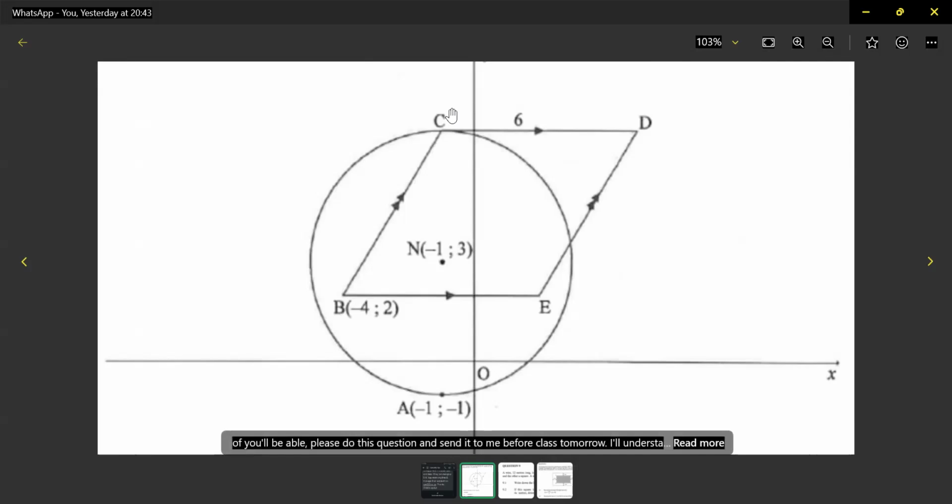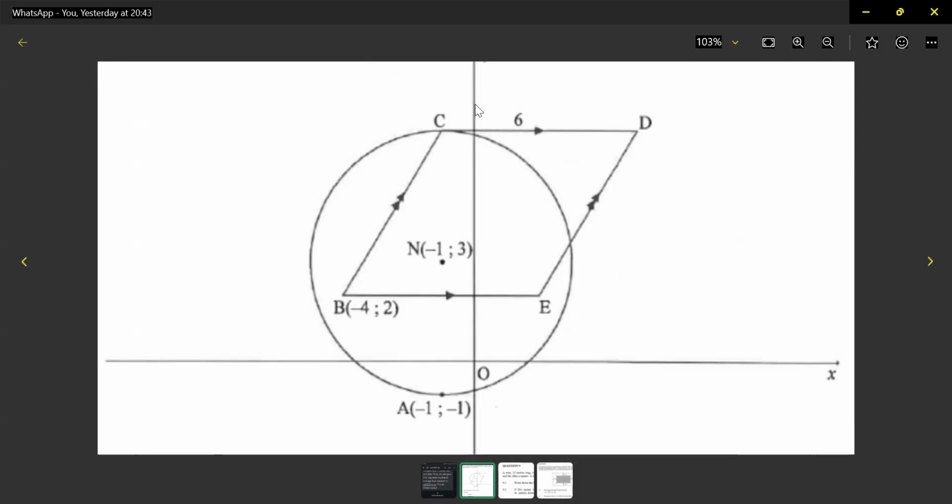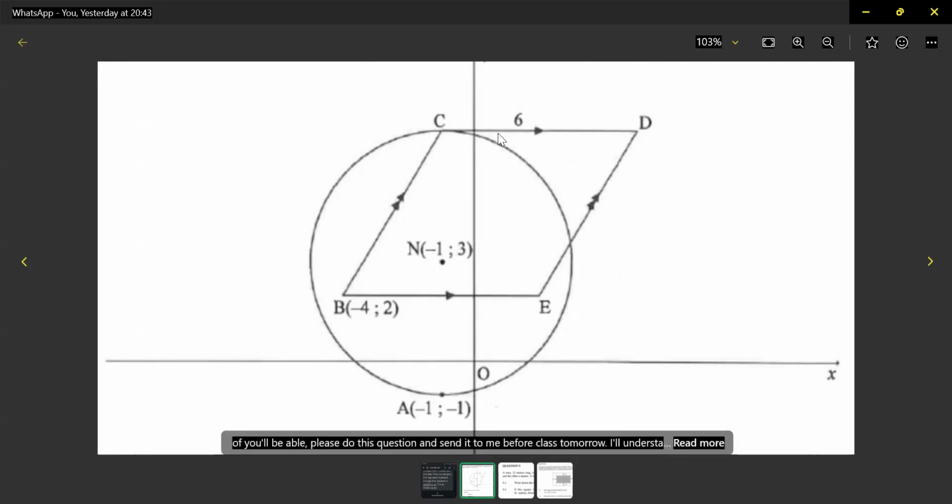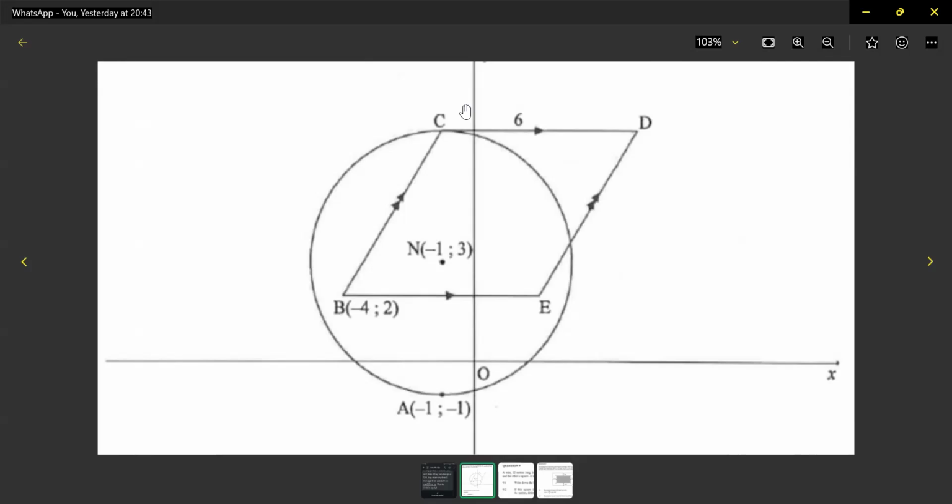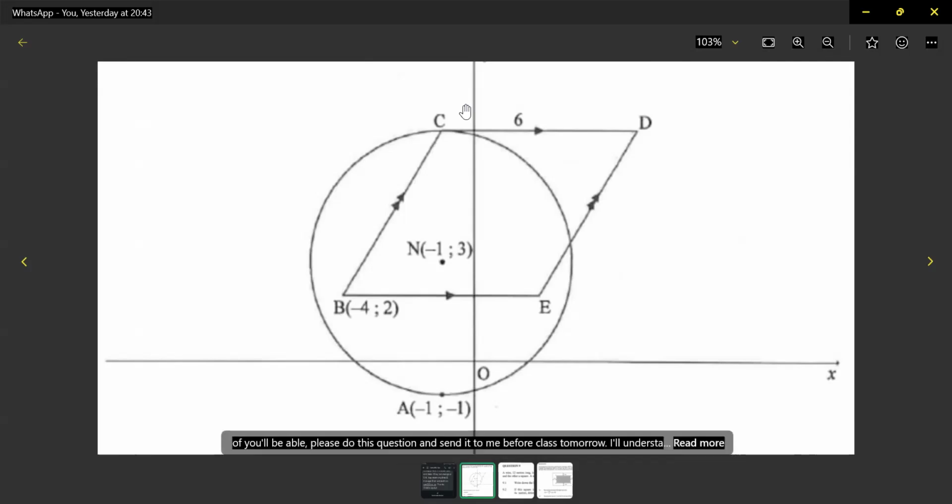But yeah, we can just find the midpoint. In fact, we are given the midpoint, which is (-1, 3). So we can just use the midpoint formula in order to find the coordinates of the point C. That is by calculation. But if we talk about inspection, we still understand that AC is a vertical line, which means the x value at the point C is -1. So now we just need to find the y value, right?